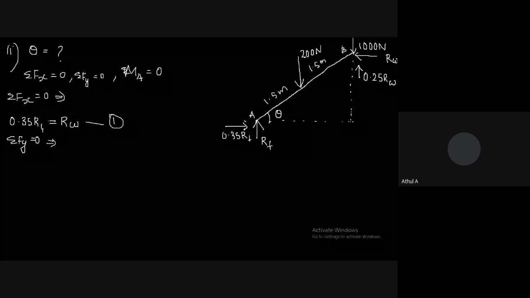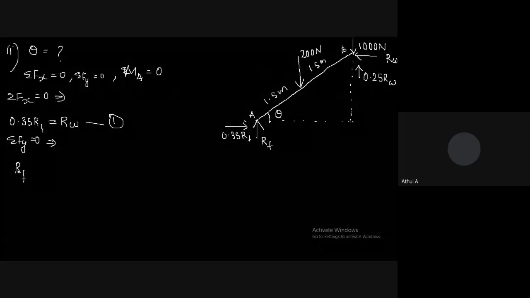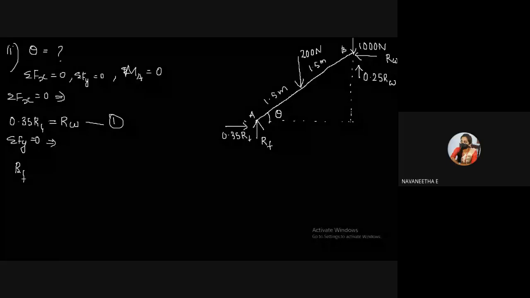0.25 RW. Okay, while considering the first point, that is point A, which force is acting in y direction? RF. Positive or negative? Positive. Why is it positive? Upward direction.